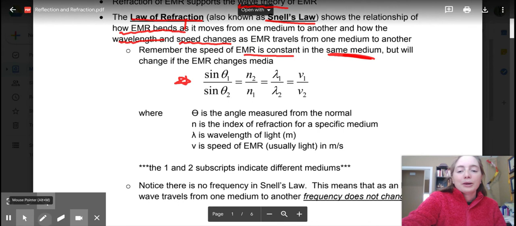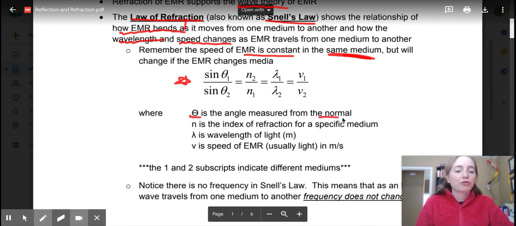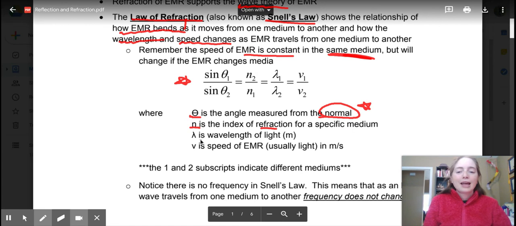With this one, theta is our angle measured from the normal. Theta is always measured from the normal, so that is super important. We always have a reference, and it won't be said what your reference is because it's always the normal. Now, n is our index of refraction, and we'll talk a bit more about that in a moment.